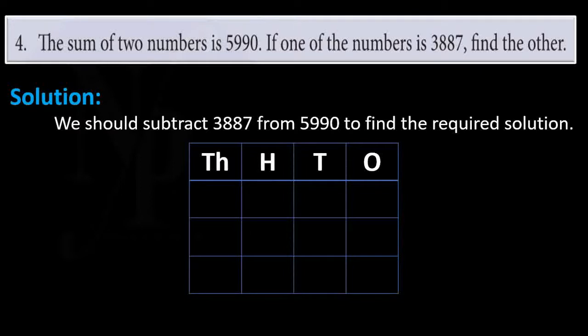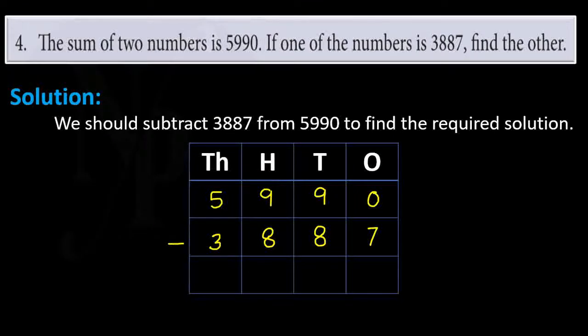Let me write 5990 and 3887 with a minus sign here.